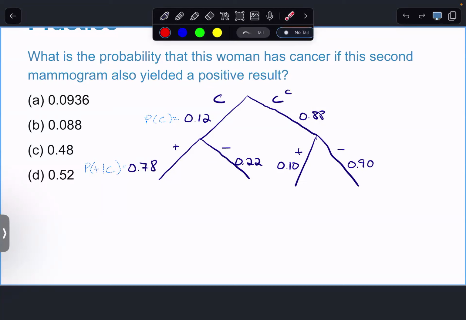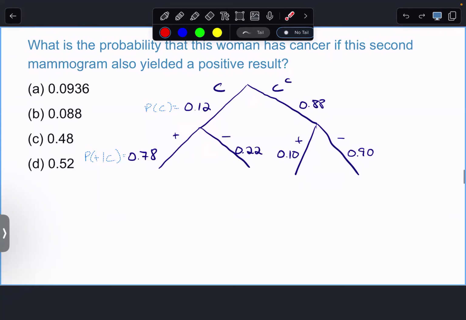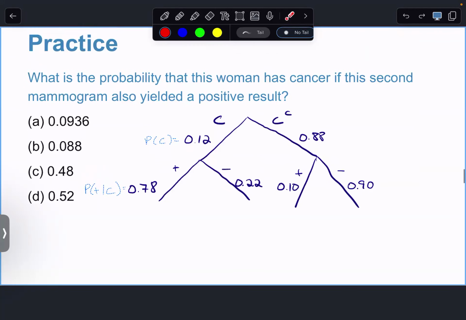Whoa. These probabilities didn't change, but these ones changed, which will change all our math, right? All our multiplication. So what are we trying to find here? We want to find the probability of cancer given another positive result.